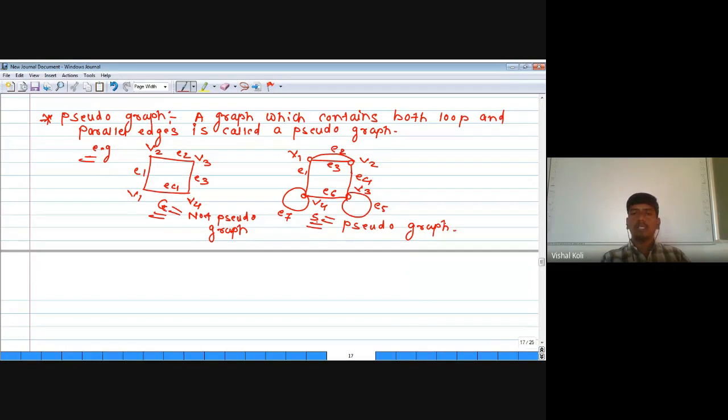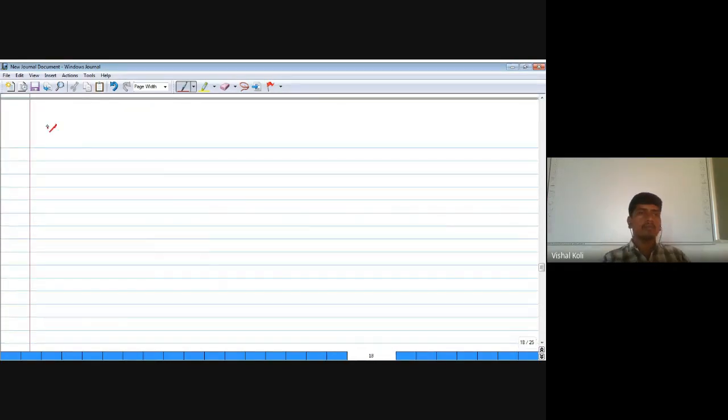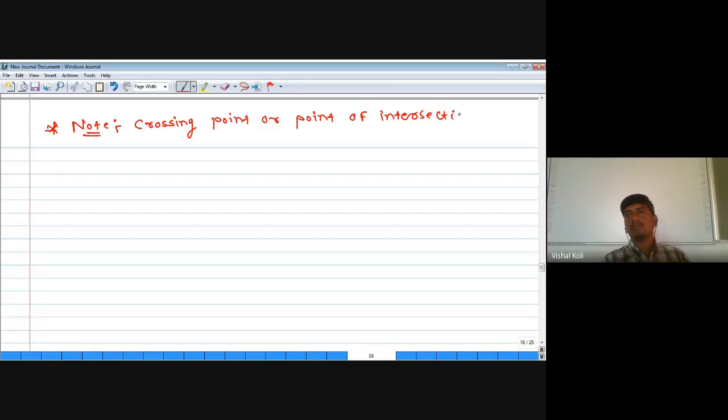Okay. Now, there is one important note. A crossing point or point of intersection will not be considered as a vertex.